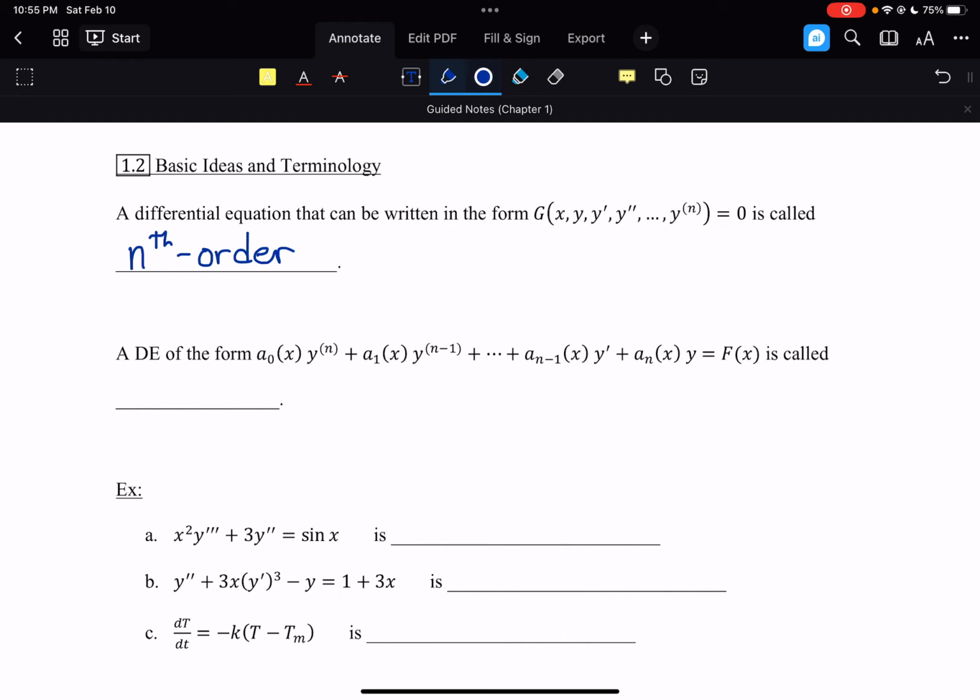Basically, the order of a differential equation is determined by the highest derivative in that equation. So if an equation has a fifth derivative, it's fifth order. If an equation has a first, second, third, fourth, fifth, sixth, and seventh derivative, it's seventh order because that's the highest derivative in the equation.